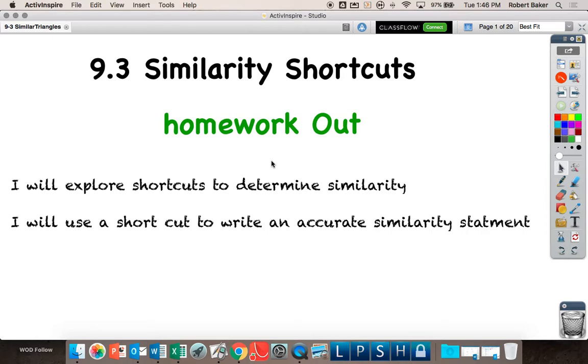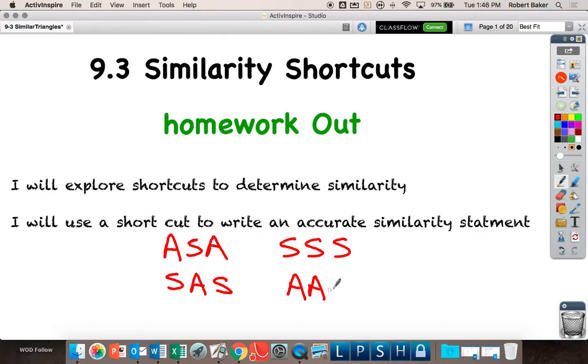We had the angle side angle shortcut, the side angle side shortcut, the side side side shortcut, and the angle angle side shortcut. So these 4 shortcuts prove that 2 triangles were congruent.